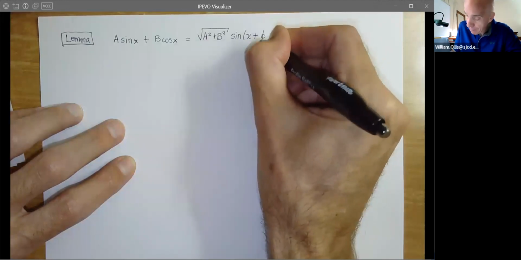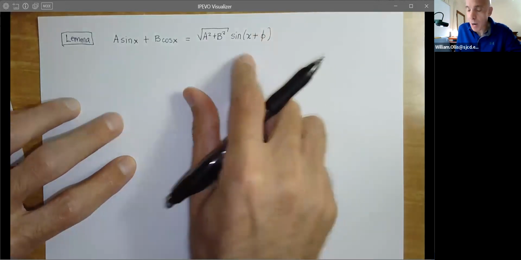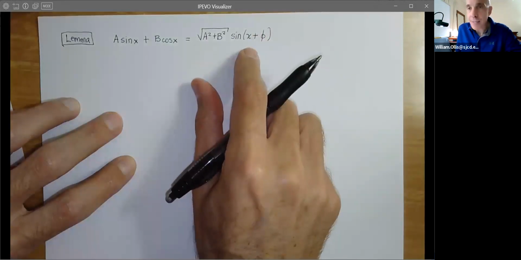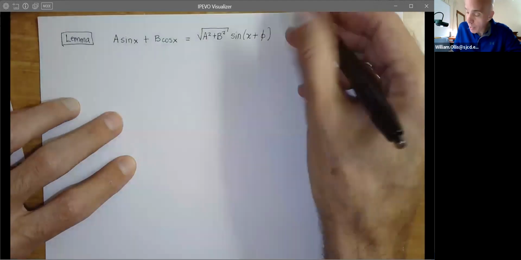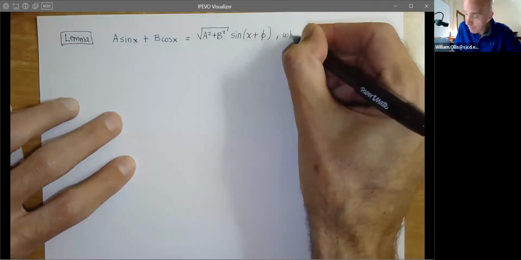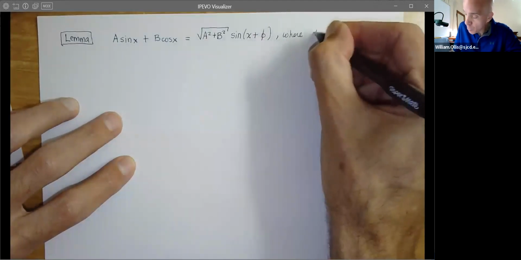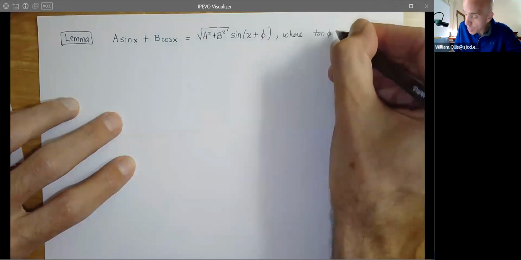So this actually writes the sum as a single sine function, where the tangent of phi is just b over a.